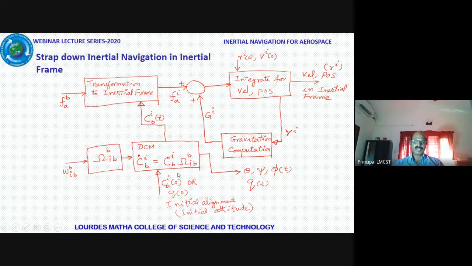Once these are input to the system and the algorithm is running, you get the velocity and position in the inertial frame, and that is what we want for launch vehicle navigation to inject a spacecraft into orbit. Of course, you will also require either the Euler angles like theta, psi, phi, or the quaternion, which we have explained, for vehicle control purposes. That also is derivable out of this. So that is what is shown here.